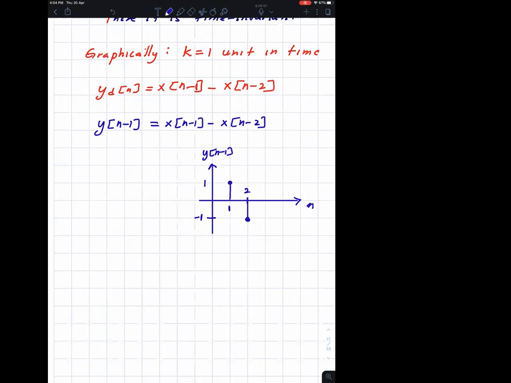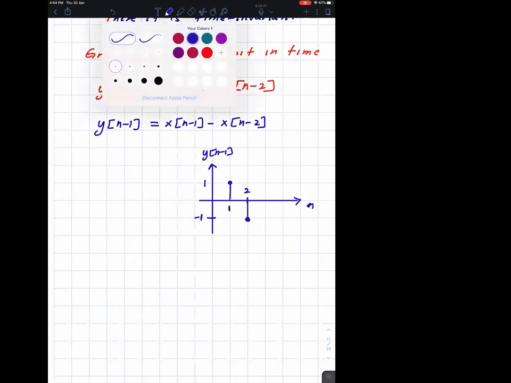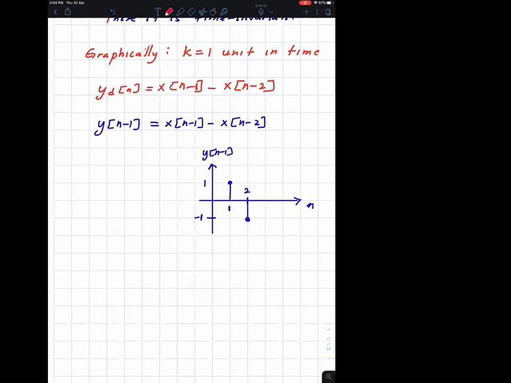Now let's plot y d n. Also same, you're going to get one spike here, and then you're going to get another spike here. And you see they are equal, right?